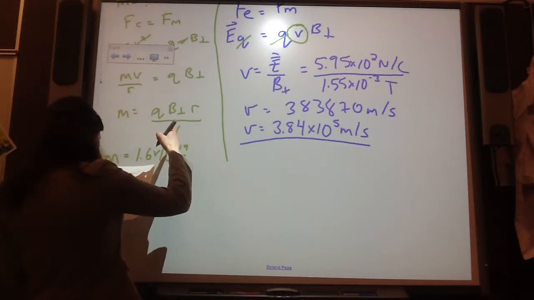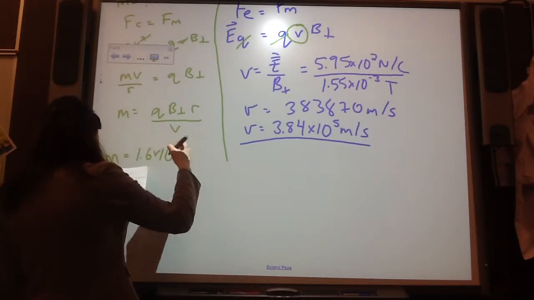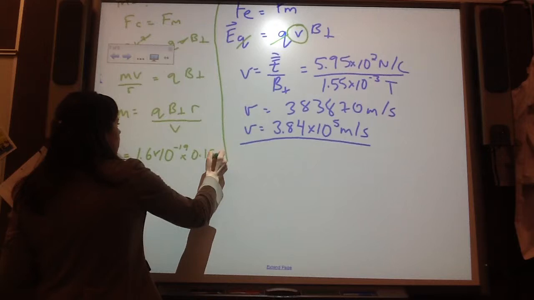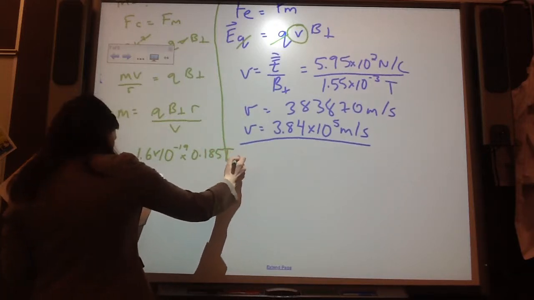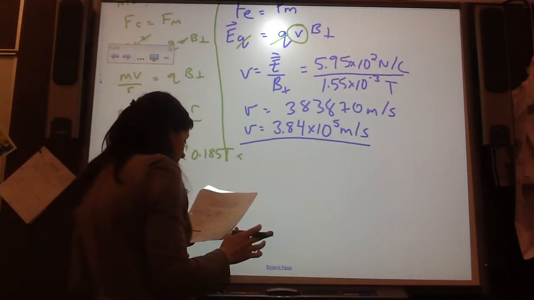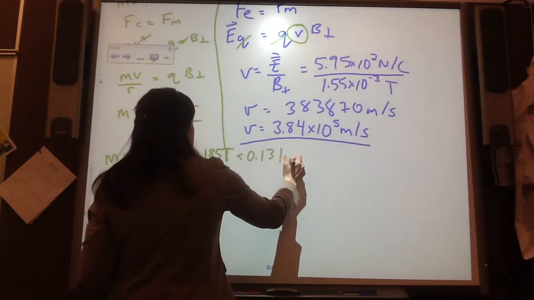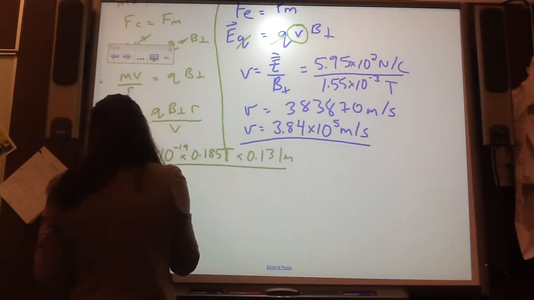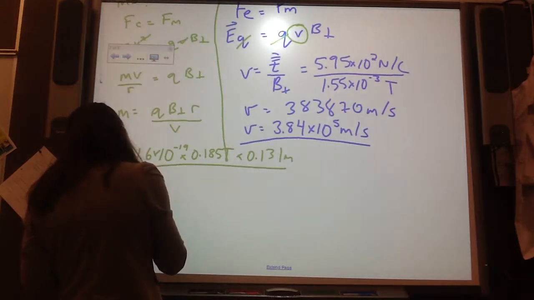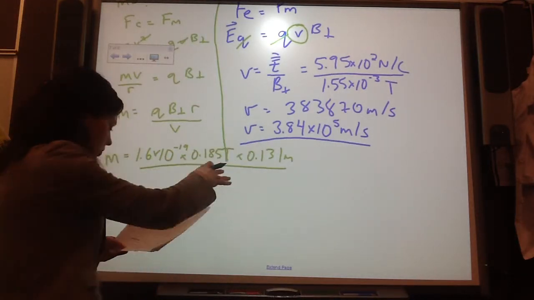Times my B perpendicular in that ion separation chamber, which is 0.185 Tesla, times the radius that it gave me, which is 0.131 meters, all divided by the speed that I just found there.